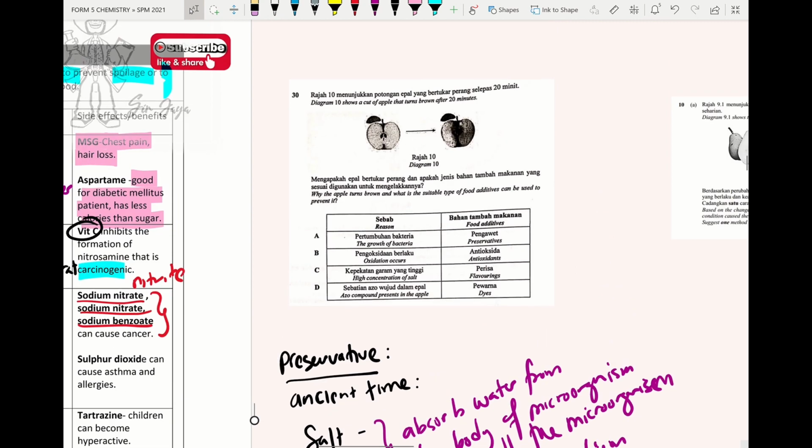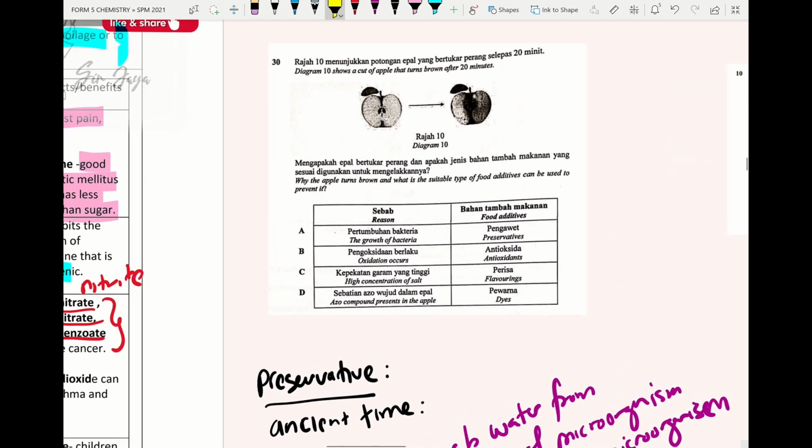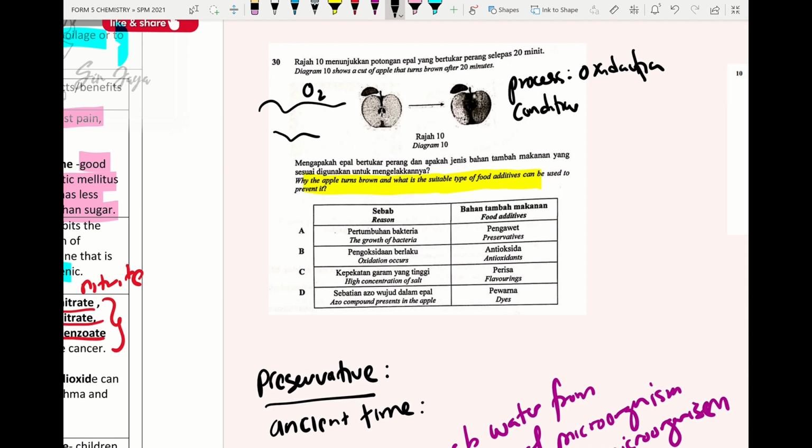Please check this question. Why does the apple turn brown, and what is the suitable type of food additive that can be used to prevent it? The oxygen from the air will oxidize the apple and turn it brown. The name of this process is known as oxidation. The condition needed for this process is oxygen present from the air.